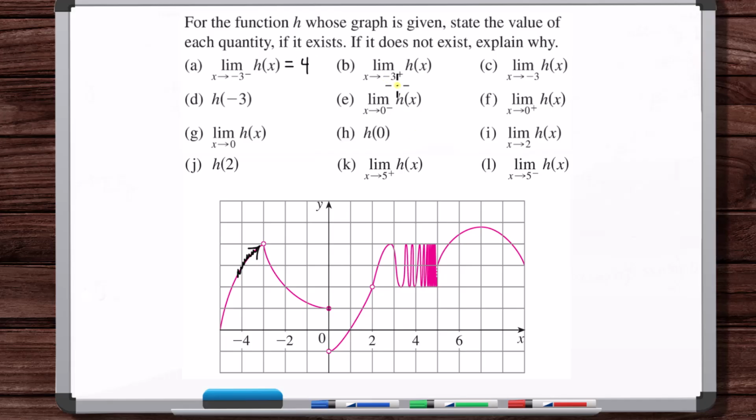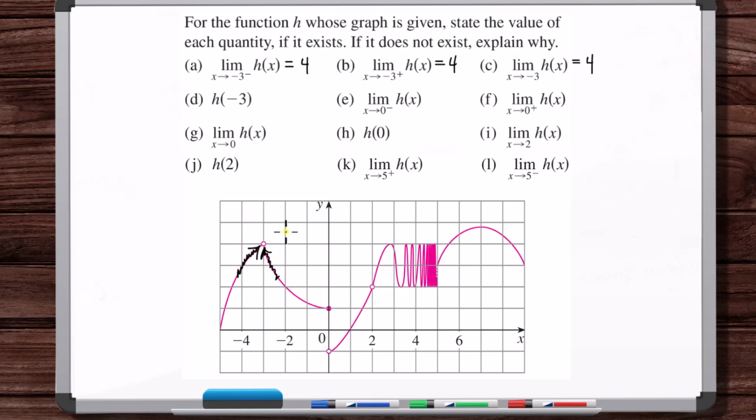What about coming from the right of -3? We're approaching 4 from below. Now, -3 in general, so coming from both sides, we're approaching 4. And we talked about how you might say, well, no, we're not sandwiching 4, right?